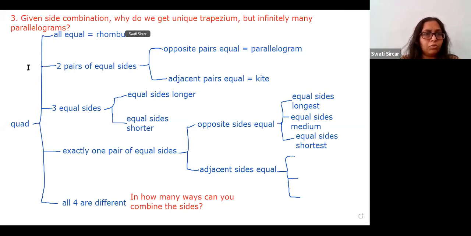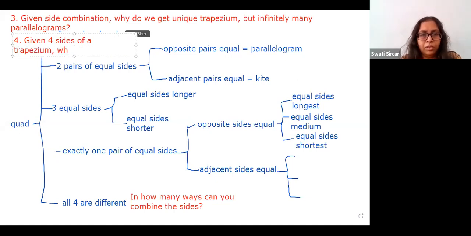We will discuss this tomorrow, but I would ideally like you to find out, given 4 sides of a trapezium, which pair of sides can be parallel?